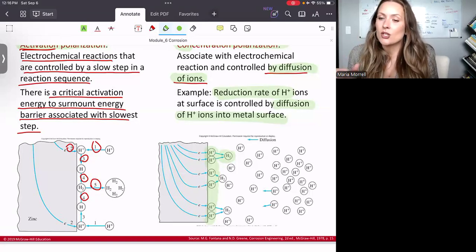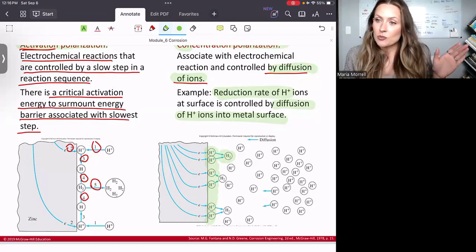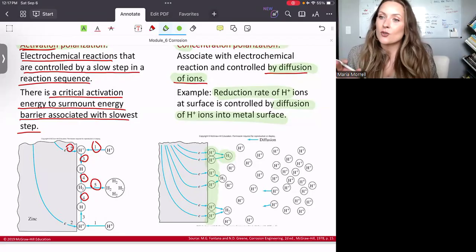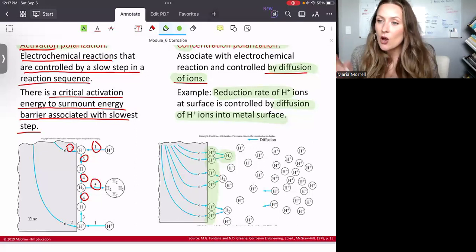If I increase the flow rate of my corrosive fluid, in activation polarization nothing will change, because it's not controlled by the diffusion process. It is controlled by the slowest step and by the activation energy associated with that step. But in the diffusion process, if I increase the flow speed, I will increase the diffusion of ions and accelerate the corrosion process.